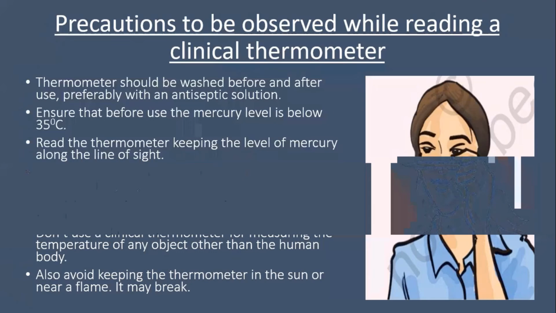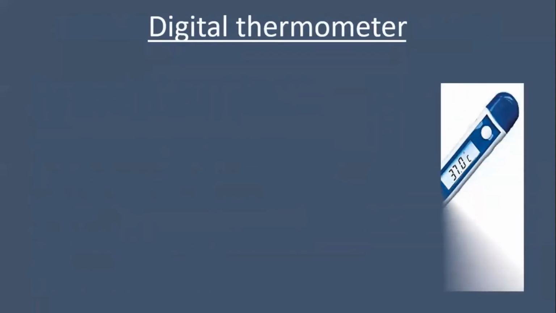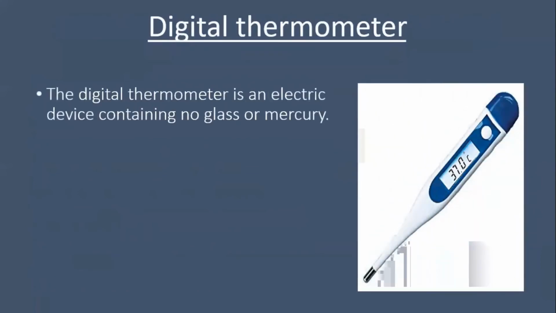There is one more type of thermometer which is used by doctors nowadays to measure the body temperature. Have you seen it? It is the digital thermometer. The digital thermometer is an electric device containing no glass or mercury.